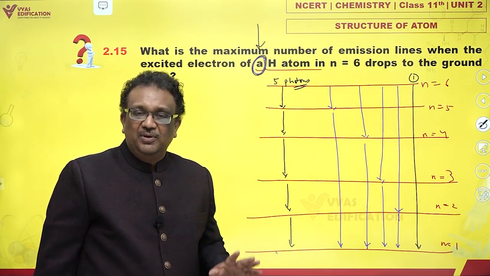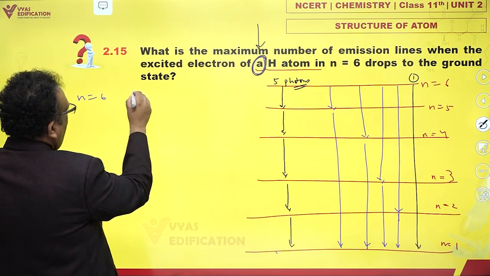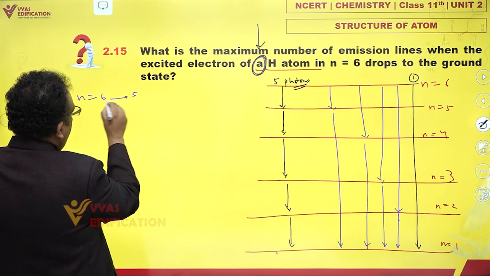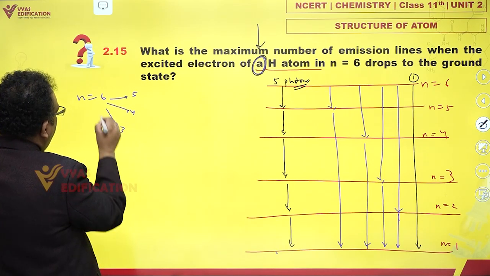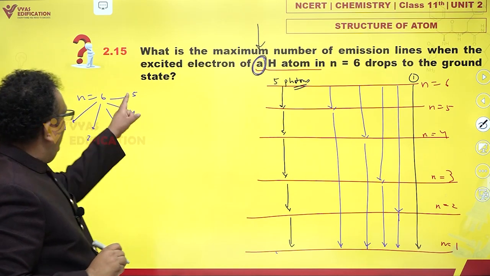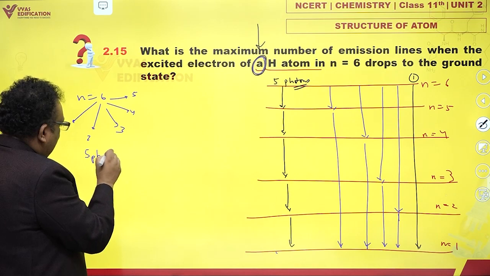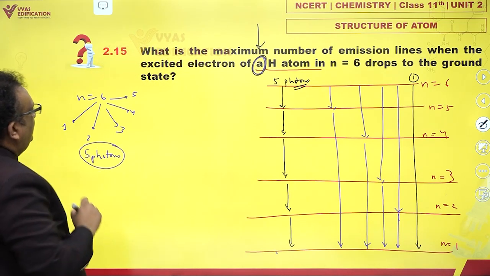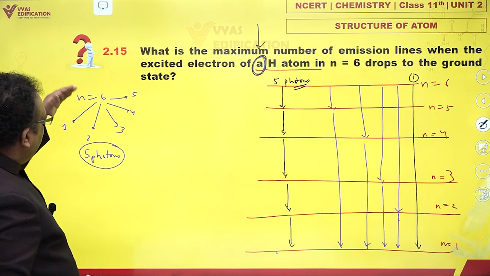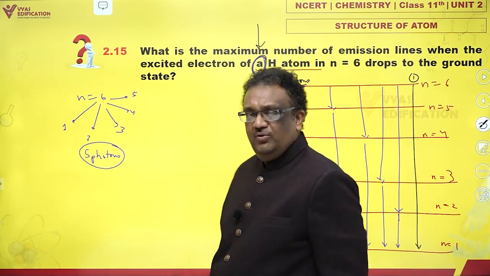See, it's very simple. Mathematically, from n is equal to 6, you could go to 5, 4, 3, 2, 1 directly. So there are 1, 2, 3, 4, 5. 5 photons possible. That is 1. If you're jumping directly from 6 to any orbit, you can get 5 different photons.